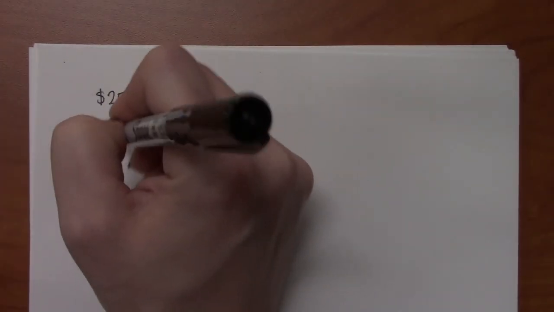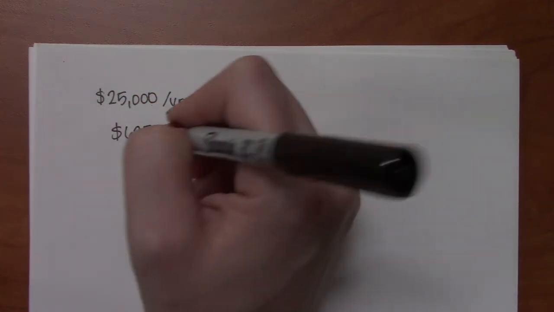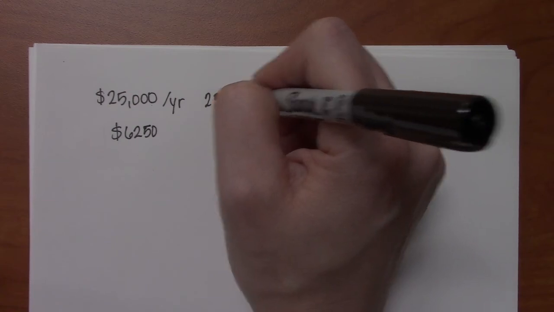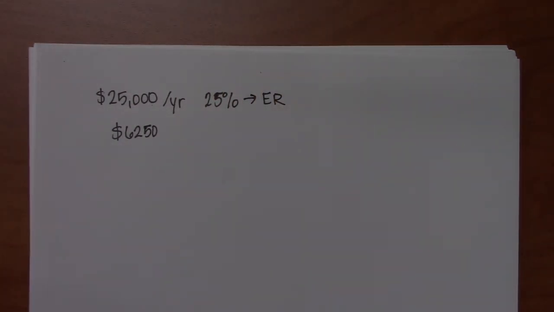If you don't have any deductions, like you don't have a house you can deduct the mortgage on, but let's just say at the end of the year, this was the amount of taxable income you had. Well, if you had to pay 25% on all $25,000 of that money, your tax bill would be $6,250, and your tax rate would equal your effective rate because it's just the same.